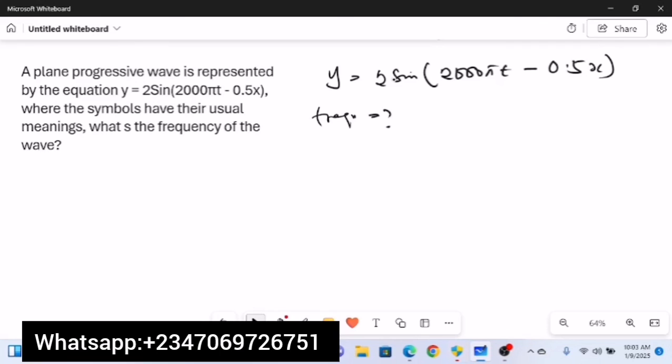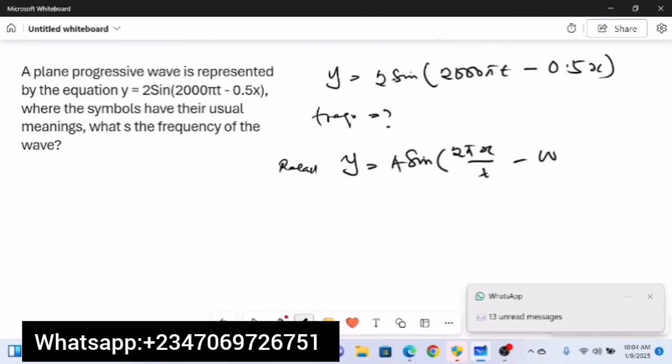Now to solve this problem, you recall the wave equation. The wave equation is y equals A sine (2 pi x over lambda minus omega t). So this is our wave equation.